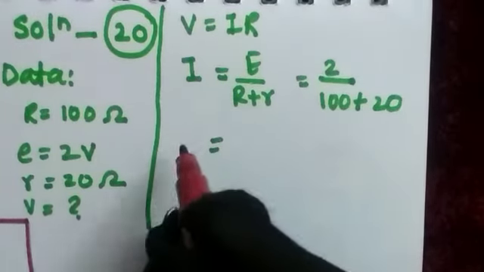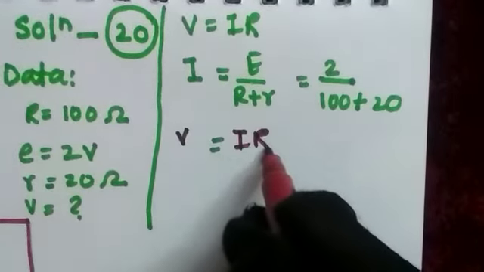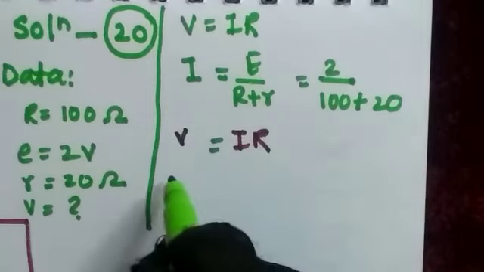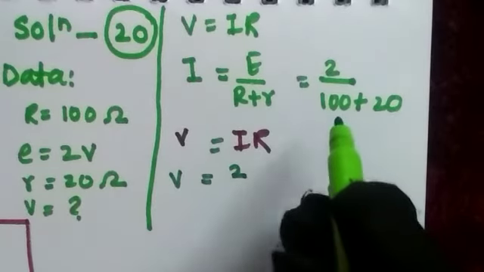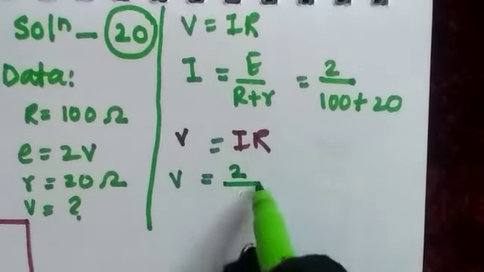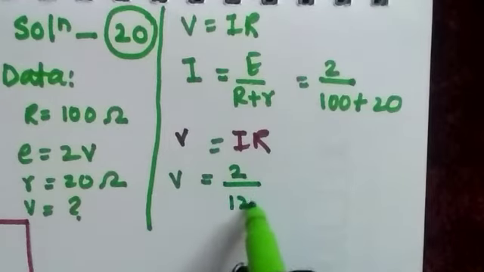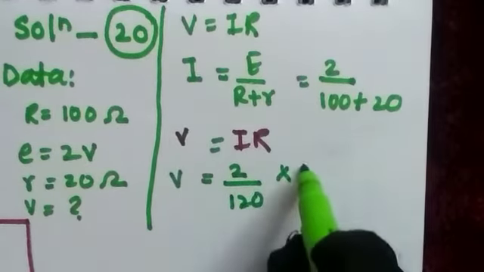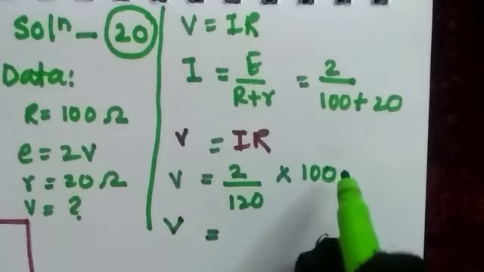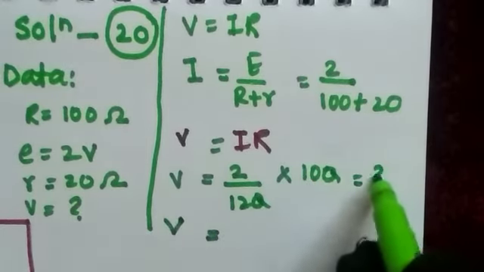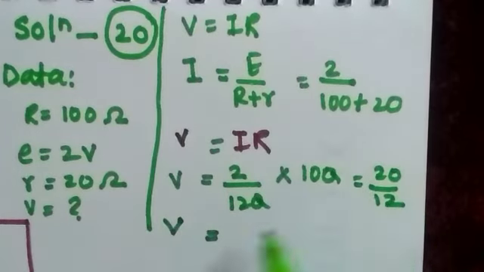So as we have our final formula, V is equal to IR. So V is equal to, I we have just now determined as 2 upon 120, into R. R is already 100. So finally for the same, 12 ones are 12, then remaining 6, 6, 6, 6, and so on.